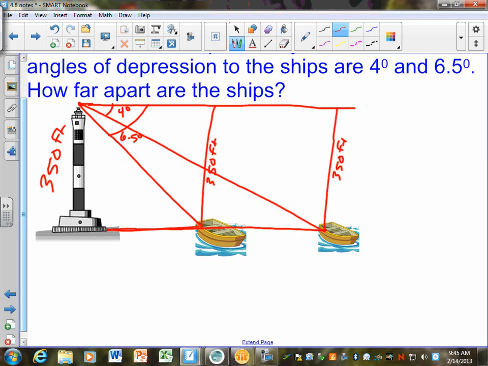So if I stick with this one first, do you agree that that's my 6.5 angle? And I'm trying to find that distance again. Is it still tangent? I feel like we've done tangent in every single problem. It's still tangent. So for this distance would be tangent of 6.5 degrees equals 350 over x.